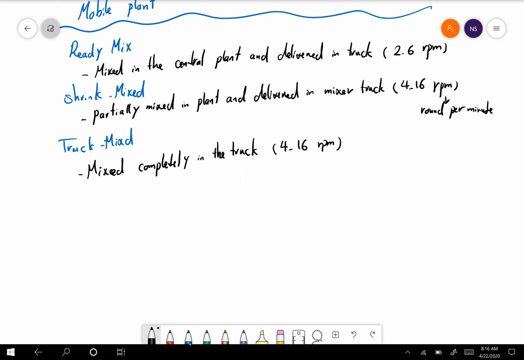And there's a rule that you have a maximum of 90 minutes from the start of mixing, from when you mix the materials in the plant, to when you discharge the materials.